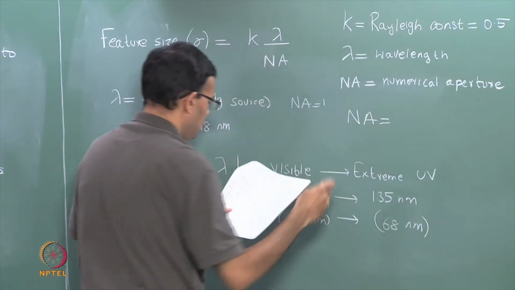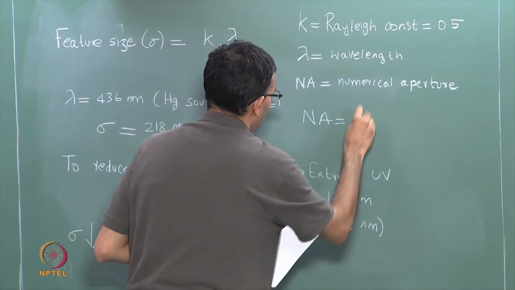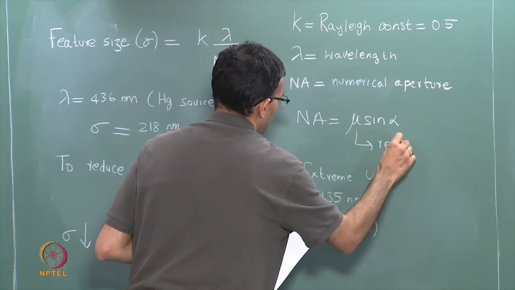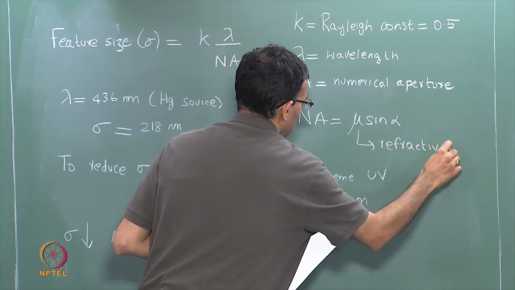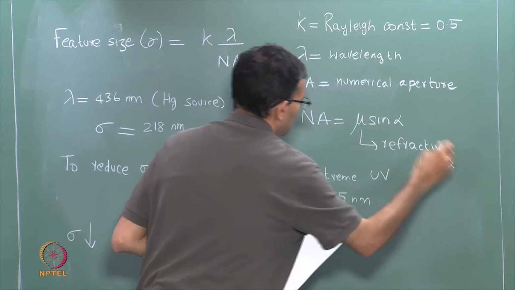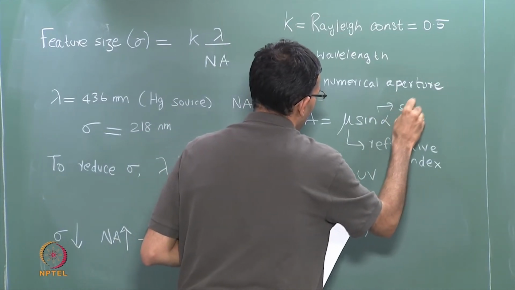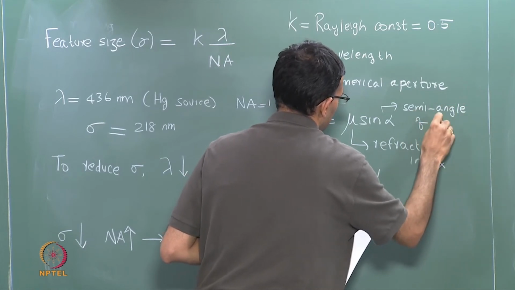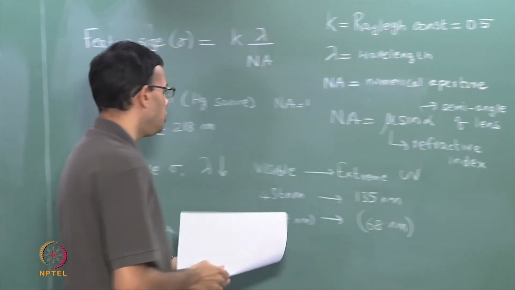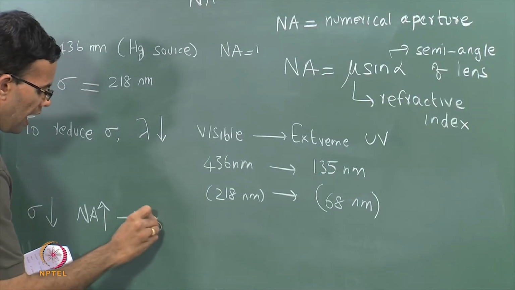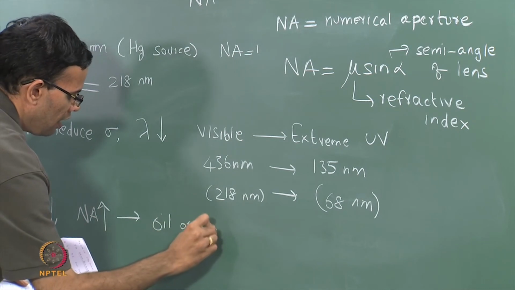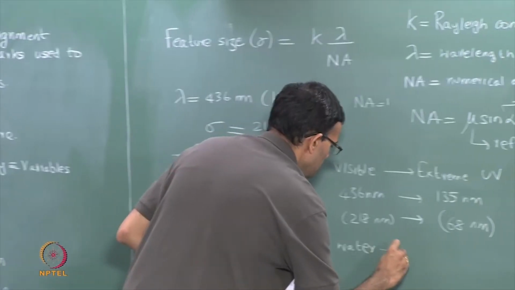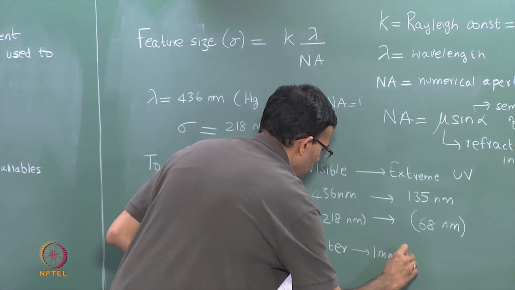NA is related to the refractive index by the formula NA = mu sin alpha, where mu is the refractive index and alpha is the semi angle of the lens. So by using oil or water, you can have a higher refractive index, which will give a higher NA and a smaller sigma. This process is called an immersion lithography system.